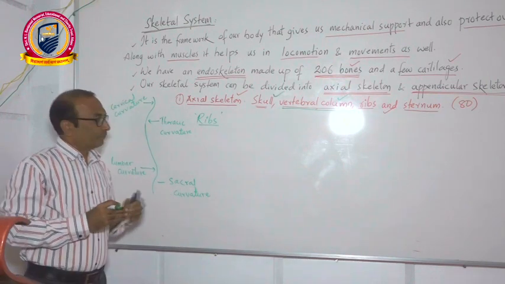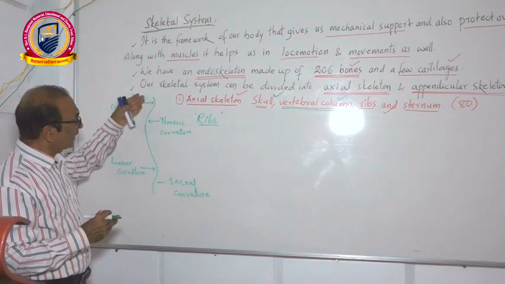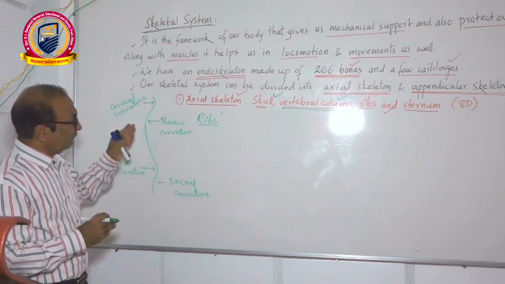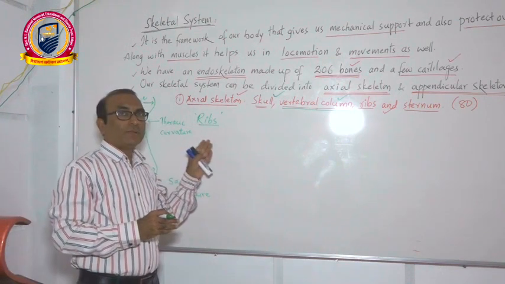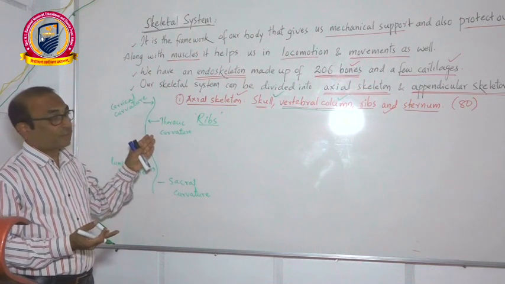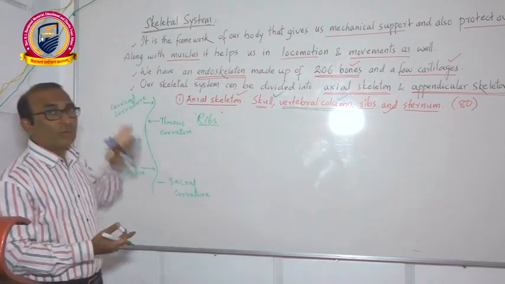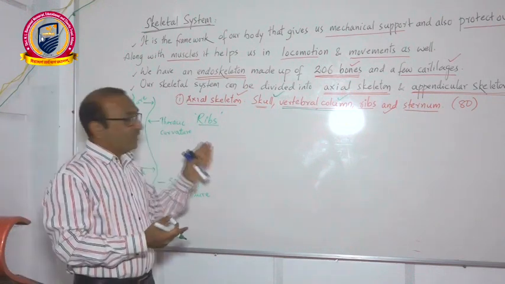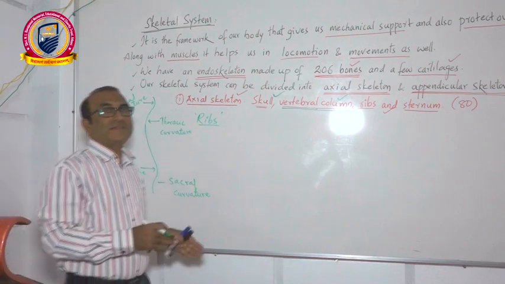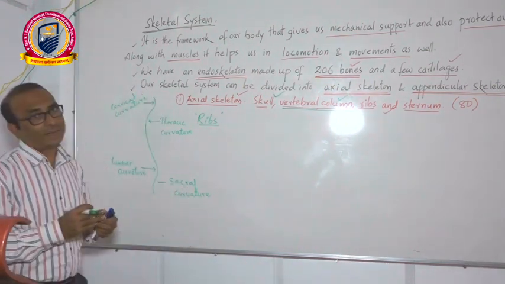In the case of other primates like gorillas and monkeys, we don't find these 4 curvatures. When you study human evolution, you might have already studied, of course, because you are NEET batch students, we know that these 4 curvatures were missing in early humans, even up to the Neanderthal man.